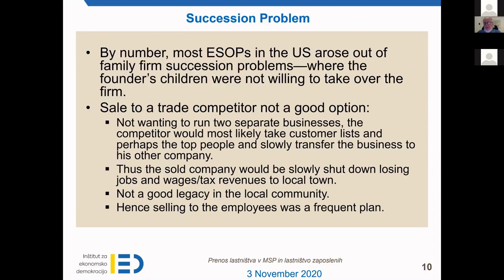Now, what are the options? Well, as I mentioned, most of the ESOPs in America arose out of succession problems. This was not something where if the company is failing, you sell it to the workers, because the ESOP depends on the company being viable, and the owners want to eventually reward their own employees, bring them into ownership.